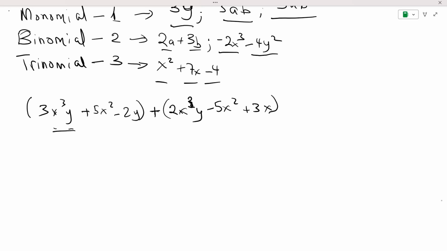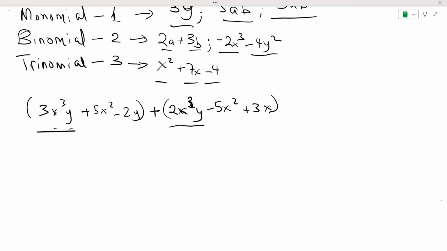So this term, 3x cubed y, is similar to this term, 2x cubed y. And the first real number on each of these terms is called a coefficient.